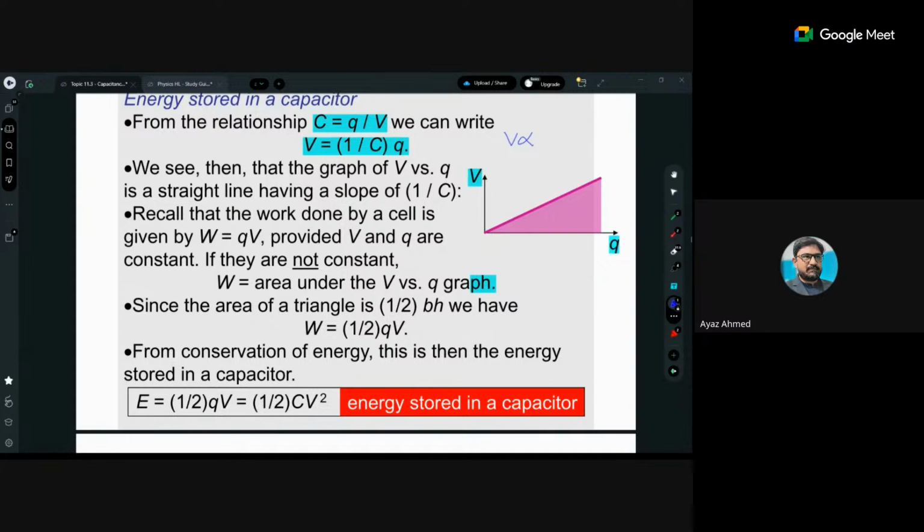If I write this equation, Q equals C times V, can I say that V equals Q by C? Yes. If I just invert this, if I write V by Q, can I get C?